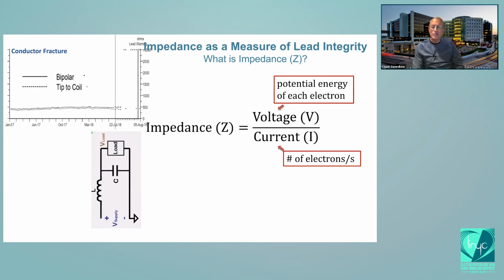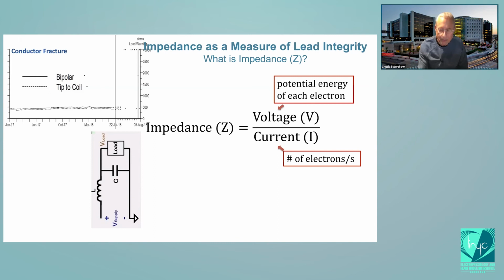And the voltage, some of our fellows know, is the actual energy of each electron, or potential energy of each electron flowing through the circuit. Impedance does not have a direct single physical correlate. It's defined simply as the ratio of voltage to current.